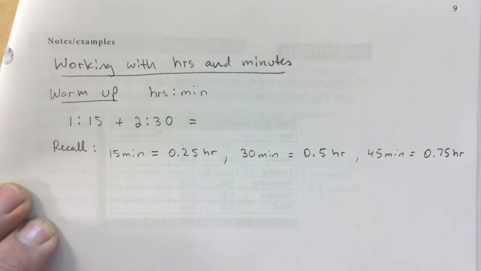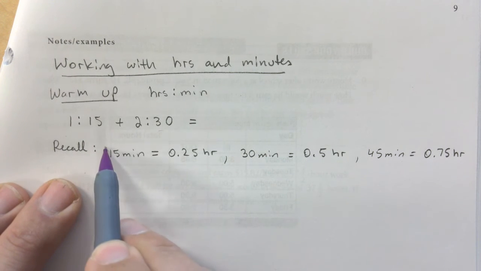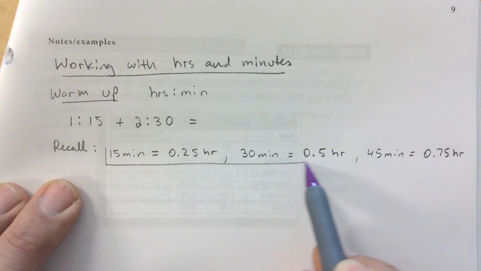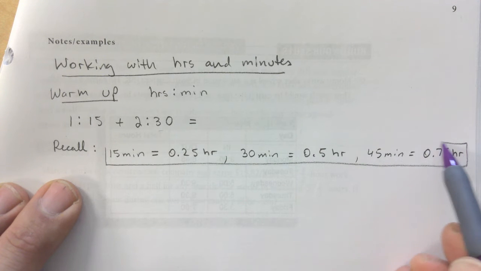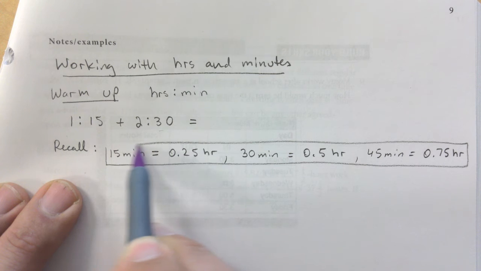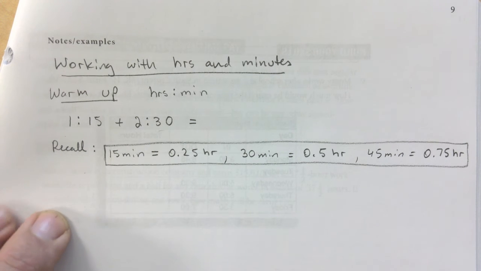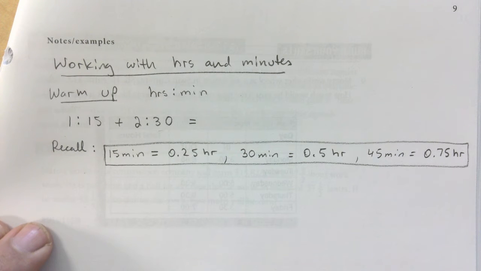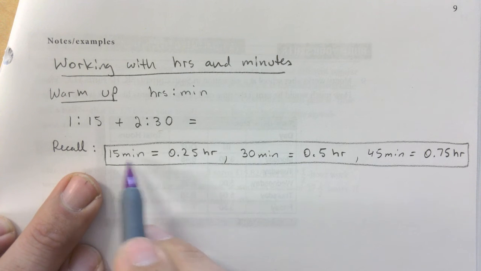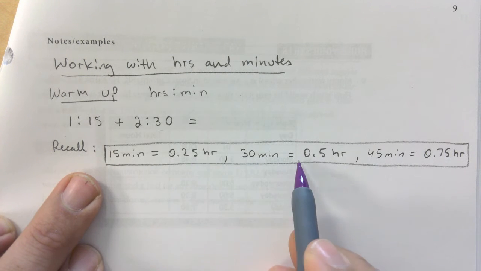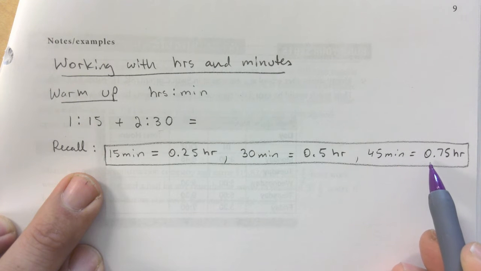I'm going to ask you to turn it into a decimal, okay? So I'm going to box this in because even though this should be common knowledge, that's something you should probably make sure finds its way to the study sheet. So 15 minutes is a quarter of an hour, half an hour, 3/4 of an hour.